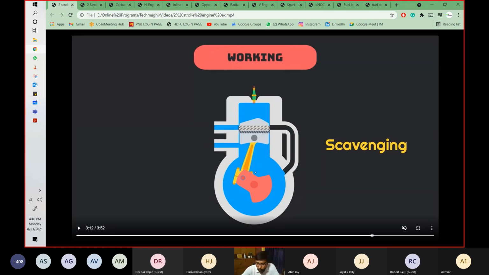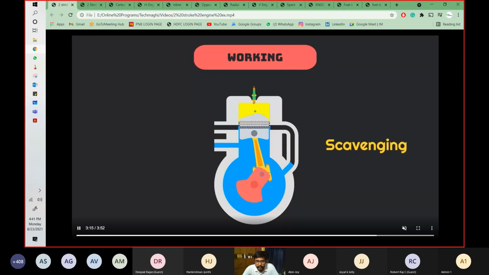See what happens: because there is no valve to close, there is no arrangement to close this from here, as soon as the new fuel starts coming inside this combustion chamber, there is nothing that can close it. If there were any valve or any operation that could close it, that would result in better efficiency. Because this is the unburnt fuel that is coming out of here, you see, this is how it is happening. A little amount of fuel goes out.